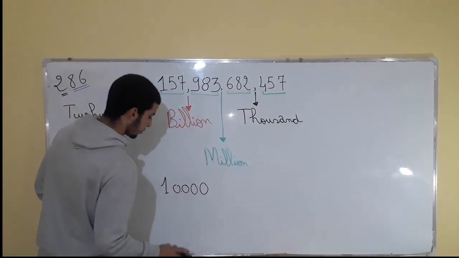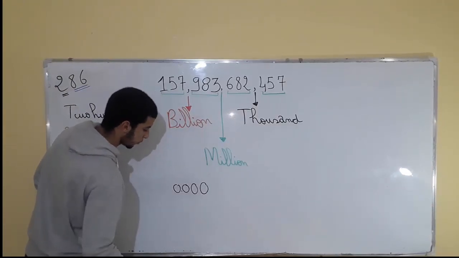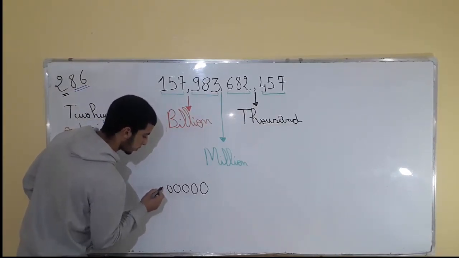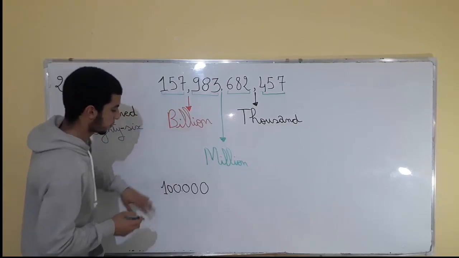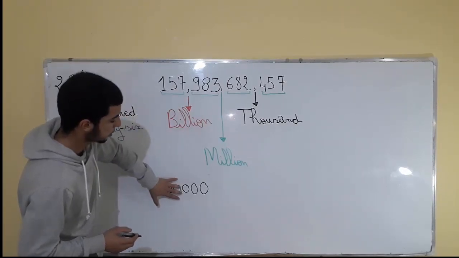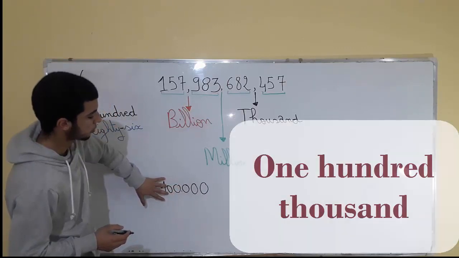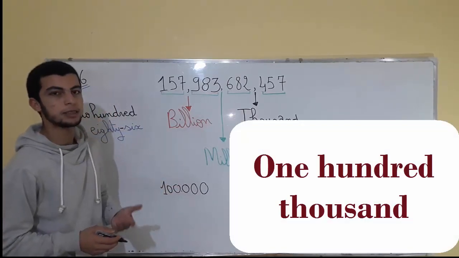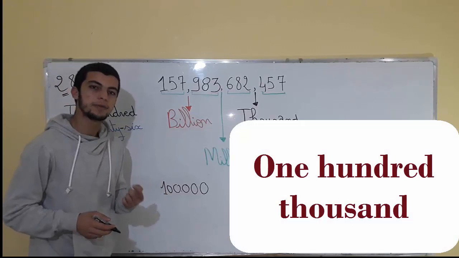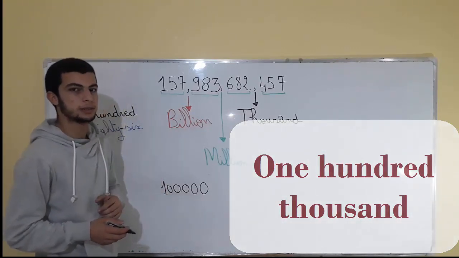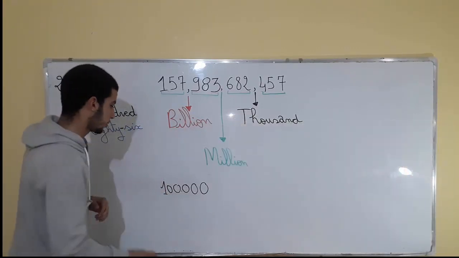Great. What about this one? If we add another 0, so this is 1,000, this is 10,000, so this one will be 100,000. Great.